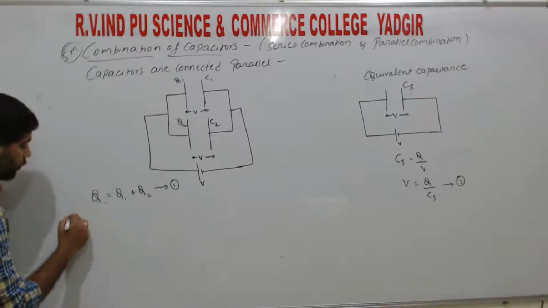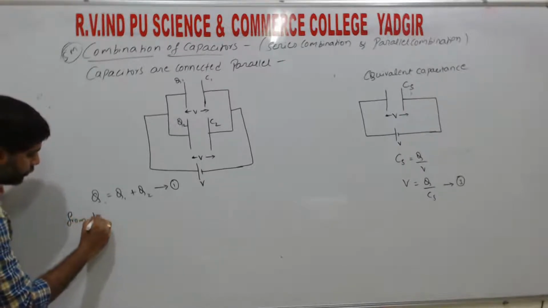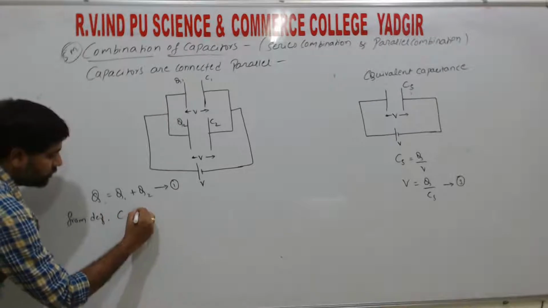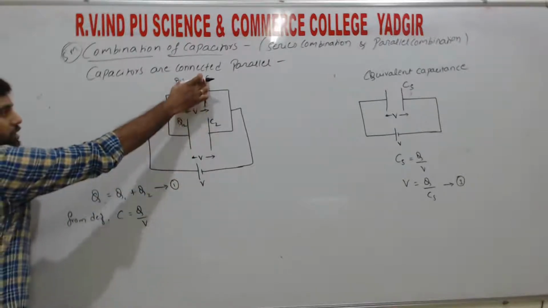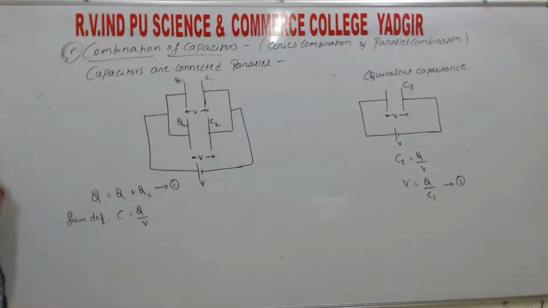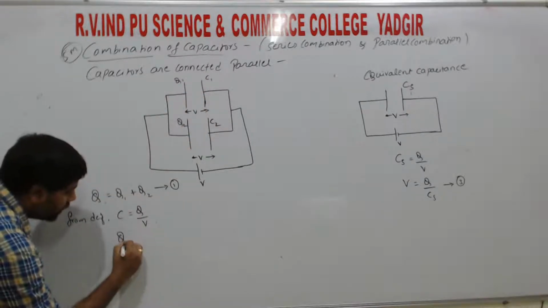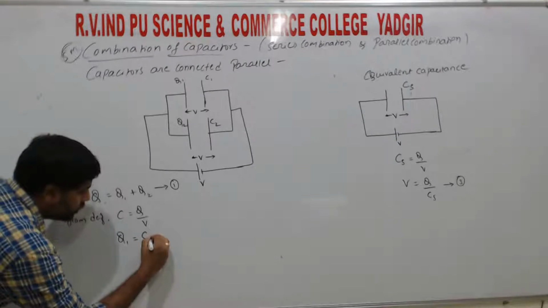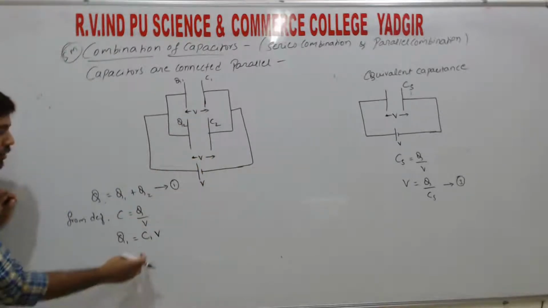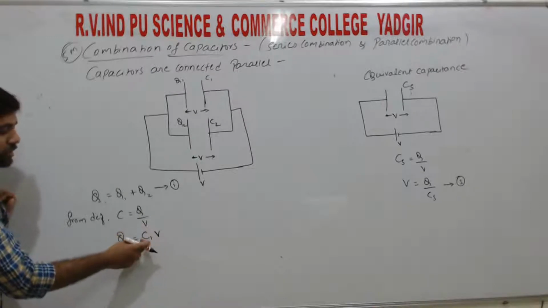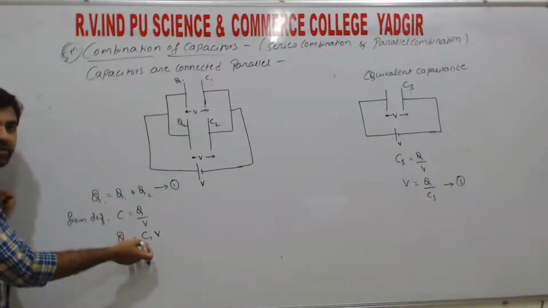Again, from the definition, capacitance C is equal to Q divided by V. For the charge stored on capacitor C1, Q1 is equal to C1 V, since the potential is the same V and the capacitance of capacitor 1 is C1.